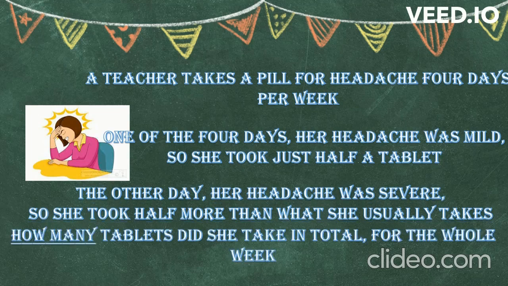How many tablets did she take in total for the whole week? Just think about this question. How many tablets? We don't know this. We need to use a variable. Let's say T.